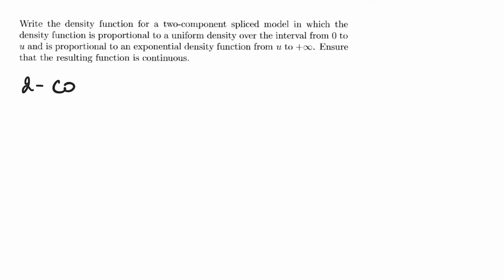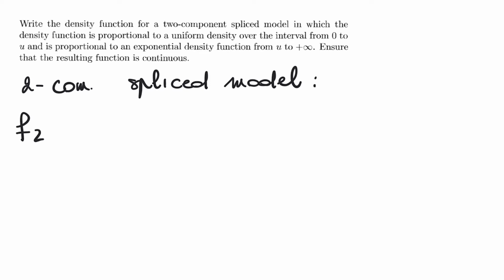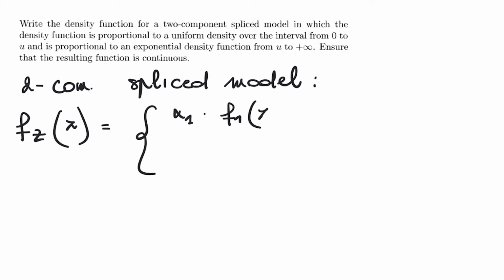Now the two-component spliced model has a density function f, which is defined as a weight, let's say alpha 1, times the first density function, but conditional on the fact that z takes on values in the interval from 0 to u, so z is strictly smaller than u.